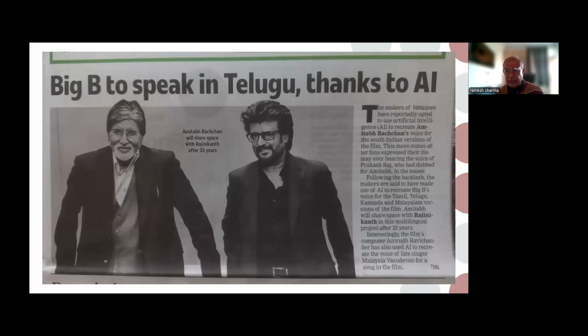There have been mixed reactions to this use of artificial intelligence. If we are mimicking the voice, then ethics come into the picture, and many believe it may be misused.